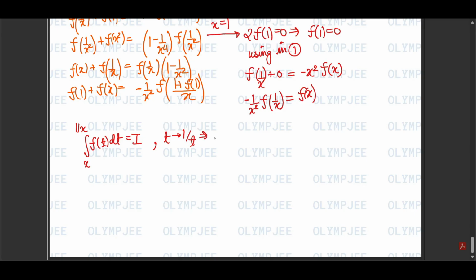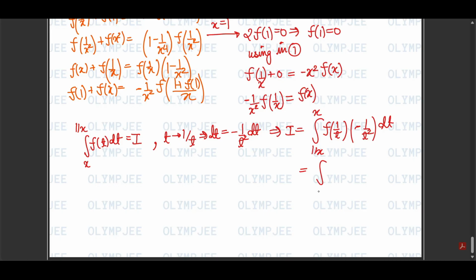So this will also give us that dt is equal to minus 1 by t squared dt. So I will become equal to, so limits will change from 1 by x and x, f of 1 by t minus 1 by t square dt, and if I take this minus outside, then the limits will interchange once again.